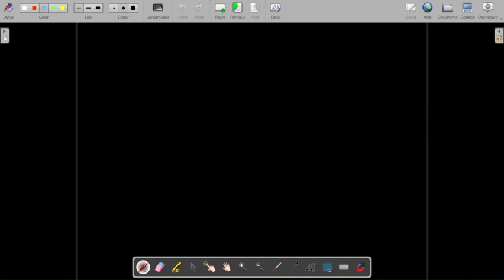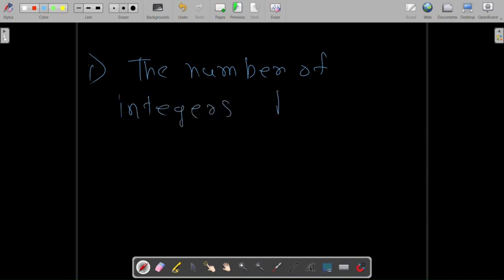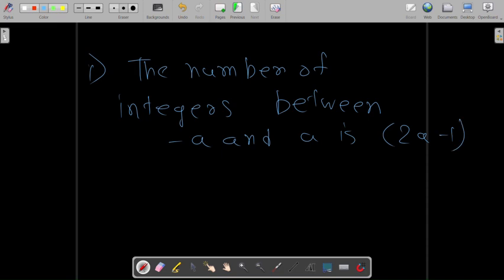Next, some important points for doing some maths. The number of integers between minus a and a is 2a minus 1.